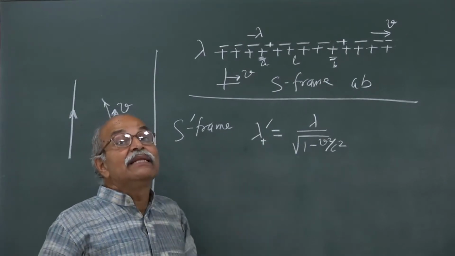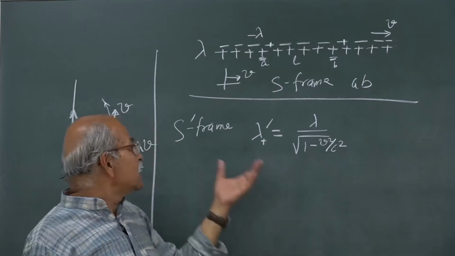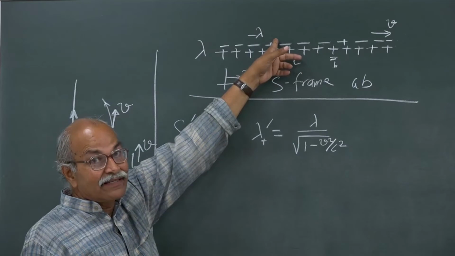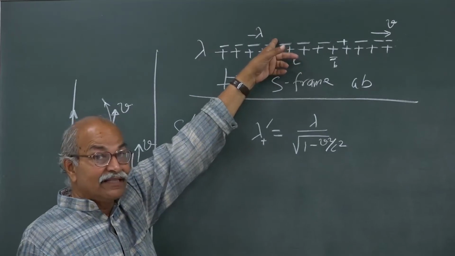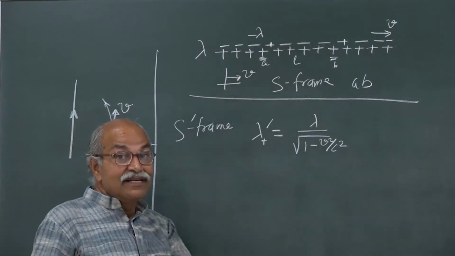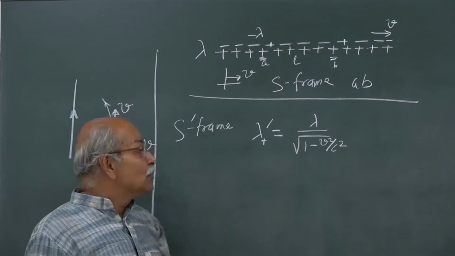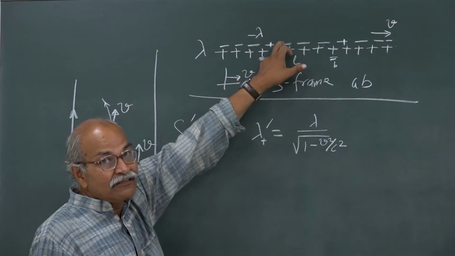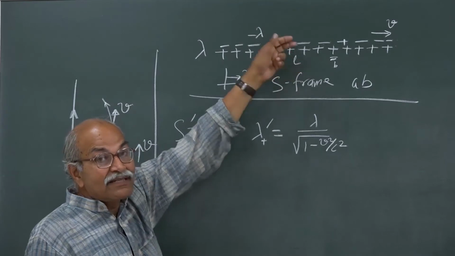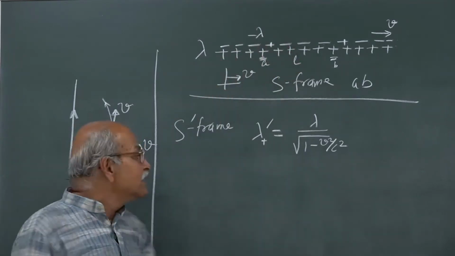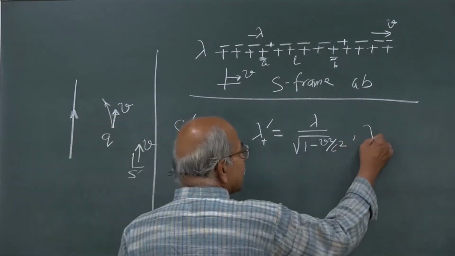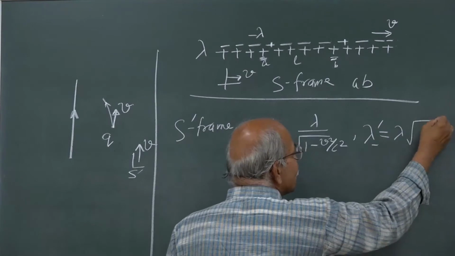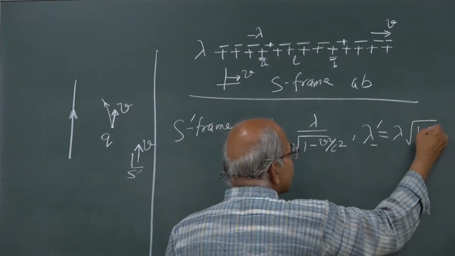That length will be larger, because in the S prime frame this is at rest, and rest length is the largest length, moving length is smaller than the rest length. So, the length has increased by a factor gamma, and therefore, the charge density will decrease, and hence lambda minus prime will be lambda times square root of 1 minus v square by c square.